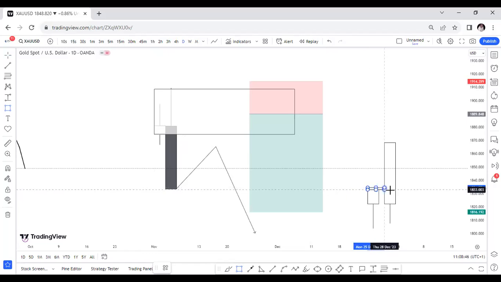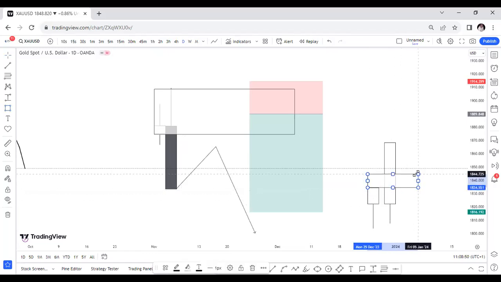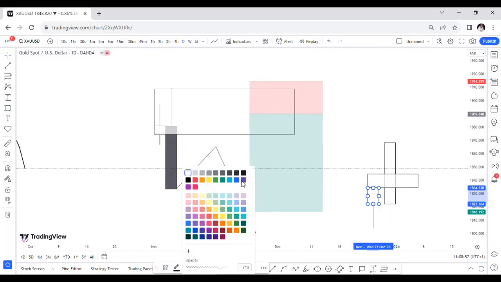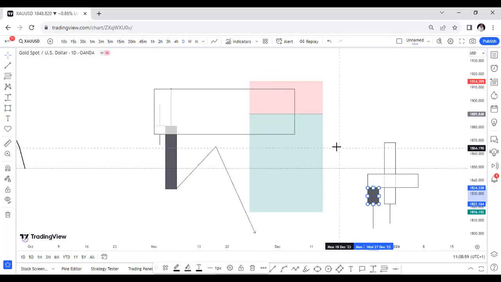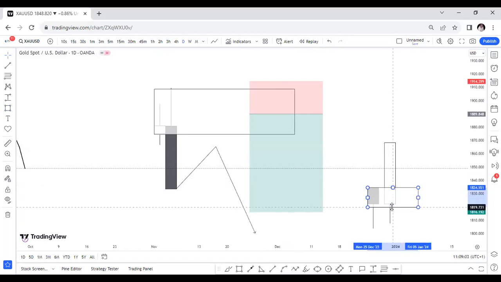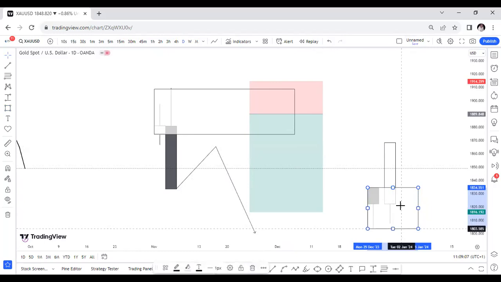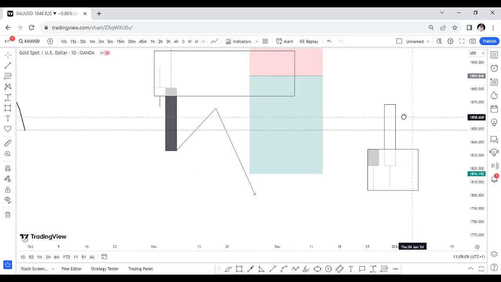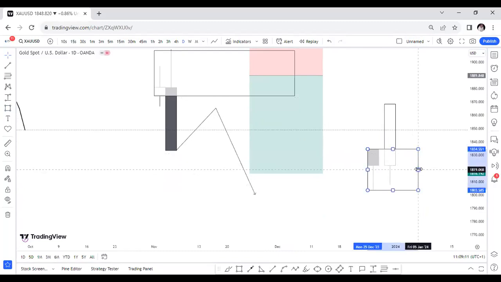Let me drag this forward so that you differentiate it. So you start marking from the top of that body to the low of the engulfed candle. You mark from there to the low of the engulfed candle.